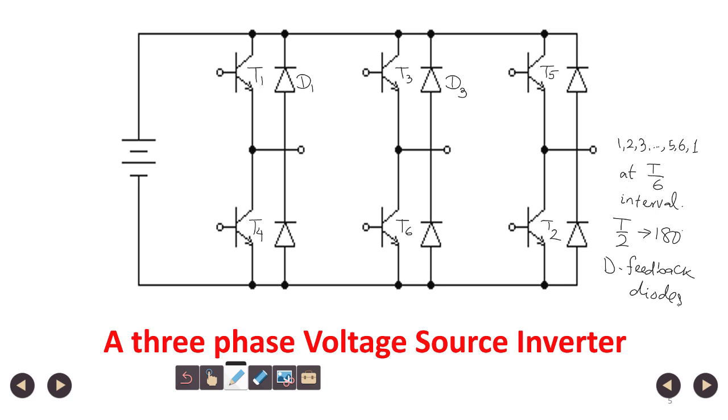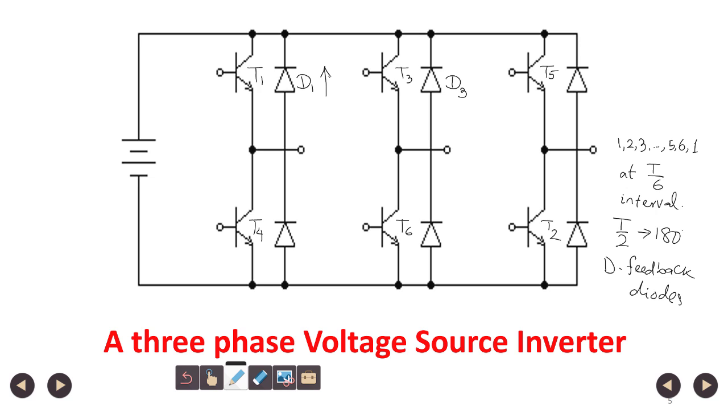So, suppose the load is an induction motor load, the induction machine can operate as a generator for regenerative braking. So during the generating mode, the direction of the current can be opposite. So when the current has to flow from the load to the DC side, then these feedback diodes carry the current in the reverse direction.